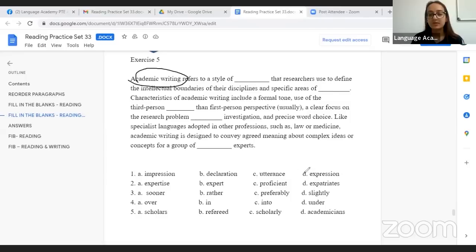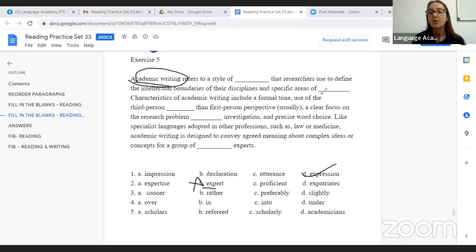So expression basically is the answer, because this way of writing is not only used for declaring, this way of writing does not leave any impression, and this way of writing is not speaking. Utter means to speak. So this way of writing is to express that researchers use to define the intellectual boundaries of the disciplines and specific areas of dash. Areas of expert will be a human being. We cannot have areas of expert.